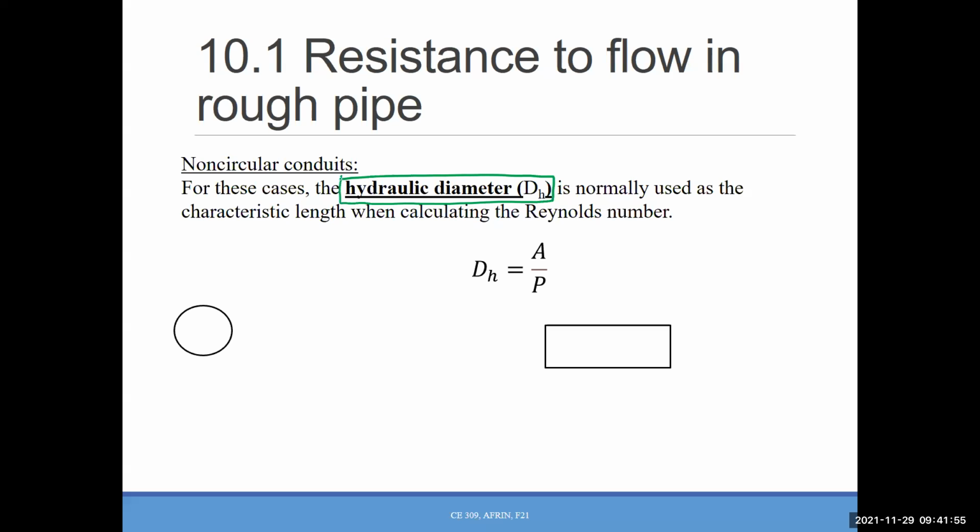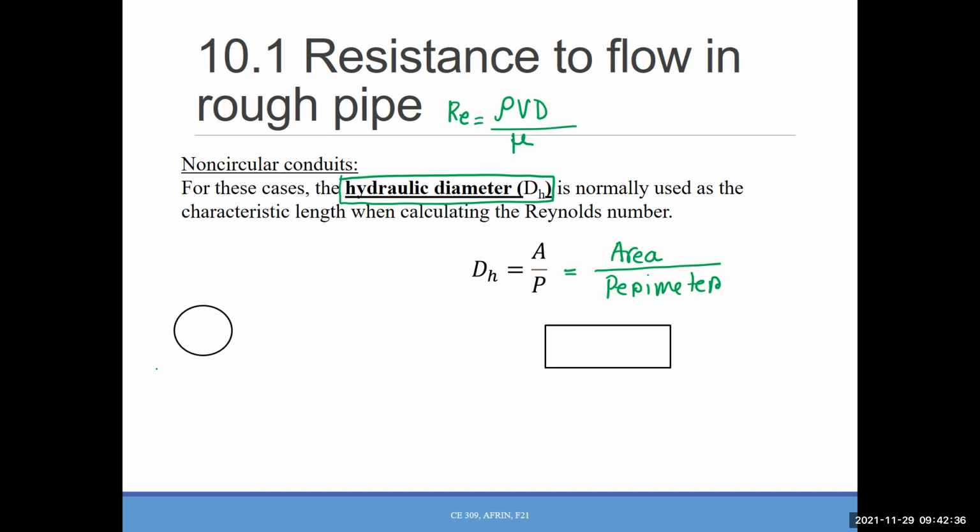Instead of diameter, this time we will have the hydraulic diameter, and the hydraulic diameter is area over perimeter. Now the Reynolds number, the actual Reynolds number was V... Okay, I missed one thing. This is the equation, right? Now this D is obviously for circular pipe. If the pipe is not circular, we need to use this one.